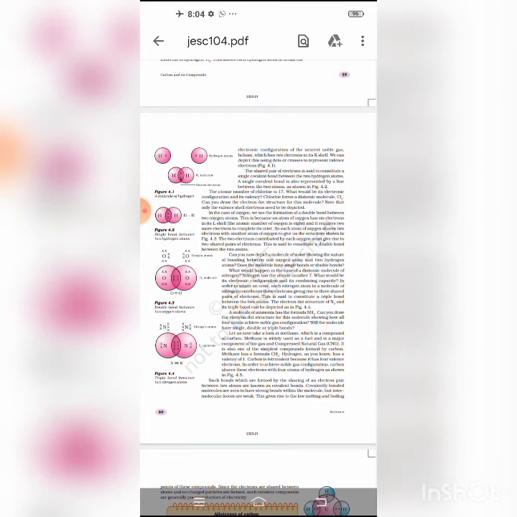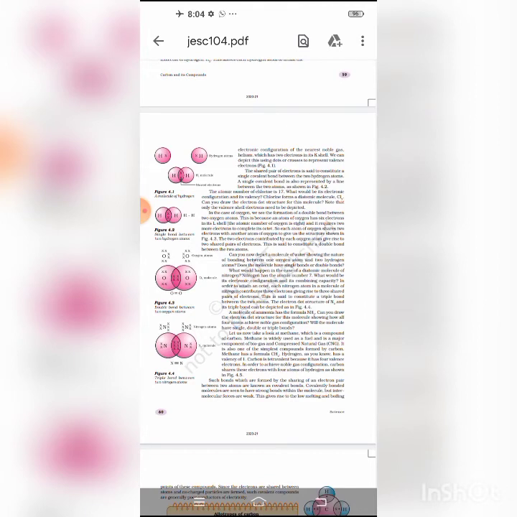Students, conditions for the formation of a covalent bond. There are many conditions for that. A covalent bond is usually formed between the same or different atoms with less than 8 electrons in their valence shell. Covalent bond formation is favored when the atoms have 5, 6 or 7 electrons in their valence shell or outermost shell.